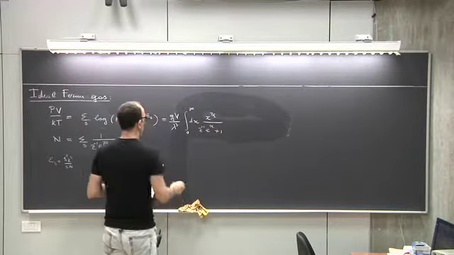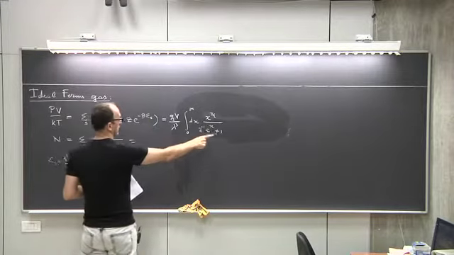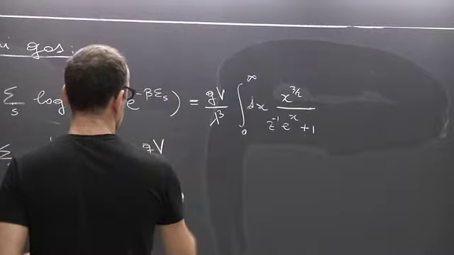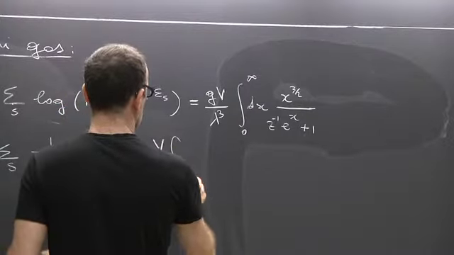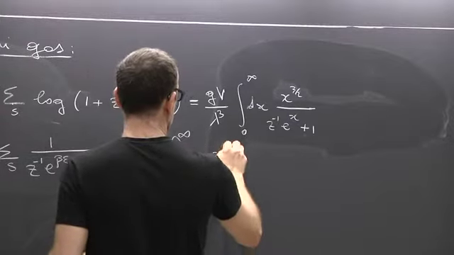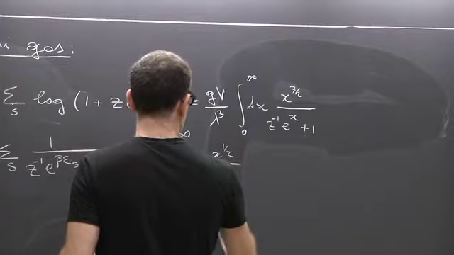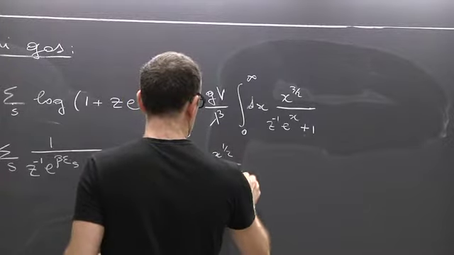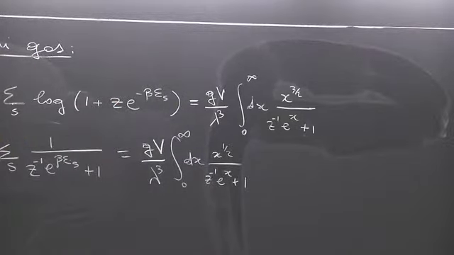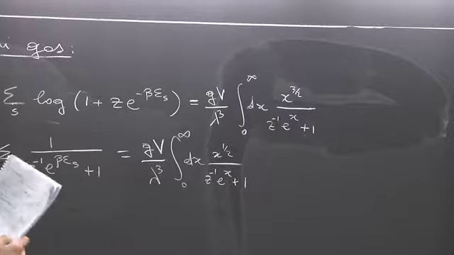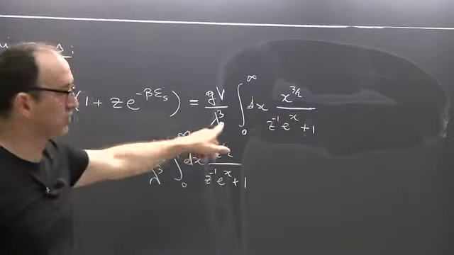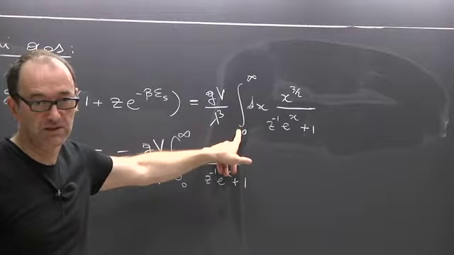But for a factor plus here, okay. So this is GP3 integral from 0 to infinity. Where again, in order to go from here to here, you need to do an integration by parts.